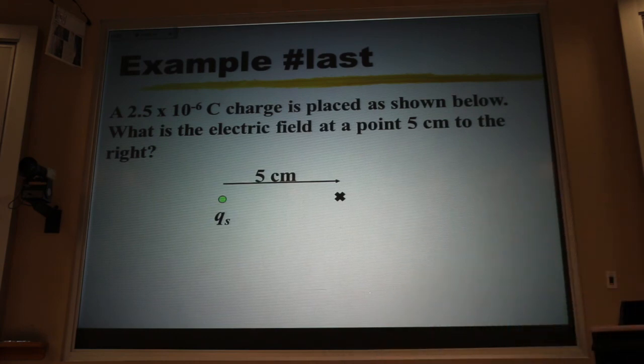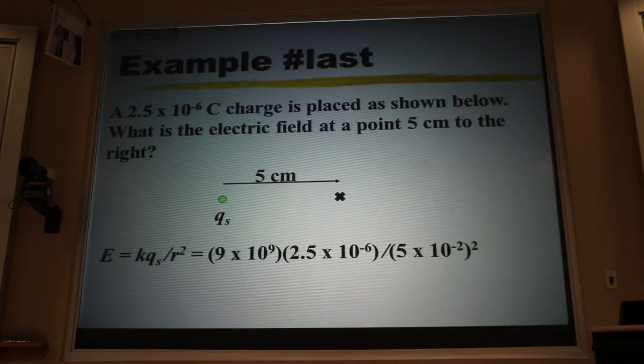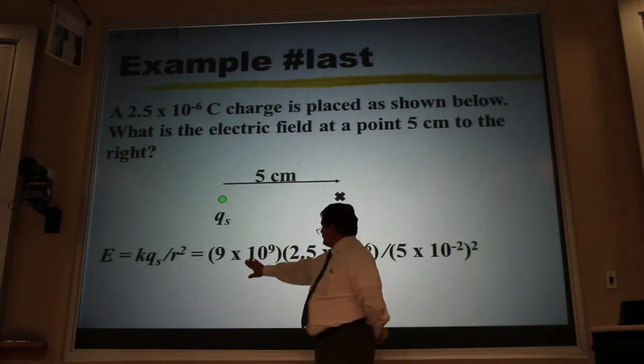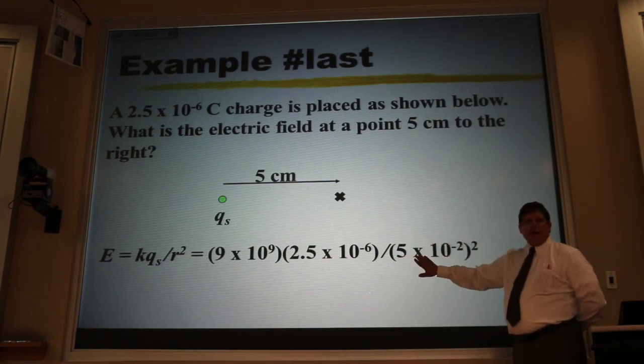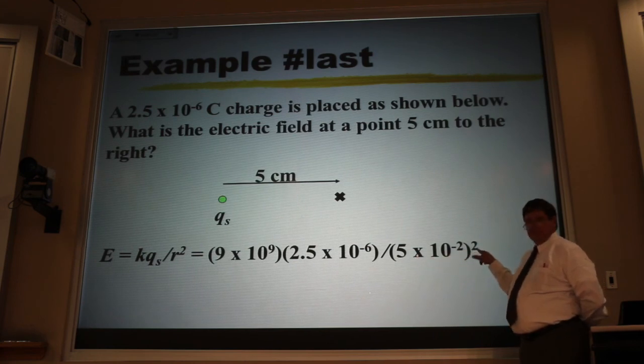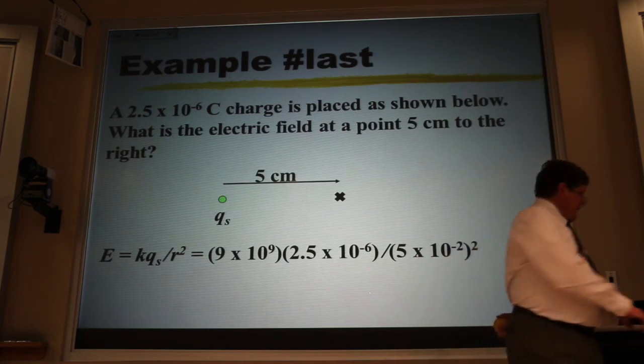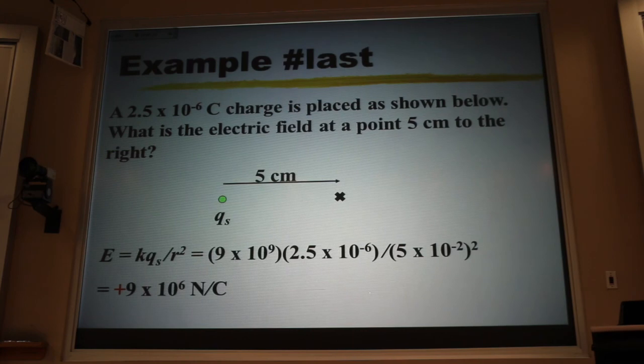Now, if I plug into my formula for the electric field, there's my K value, my Coulomb's constant. There's the charge that's creating the field. There's the 5 centimeters. I've got to put it in meters and square it. And what I get is a positive 9 million newtons for each Coulomb.